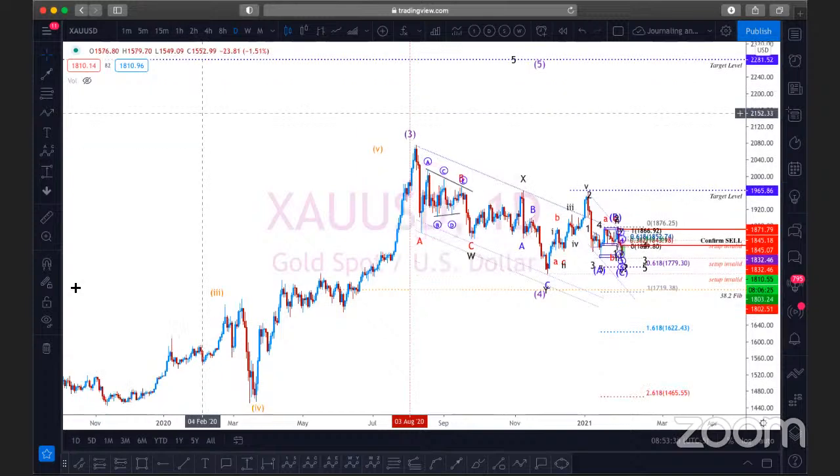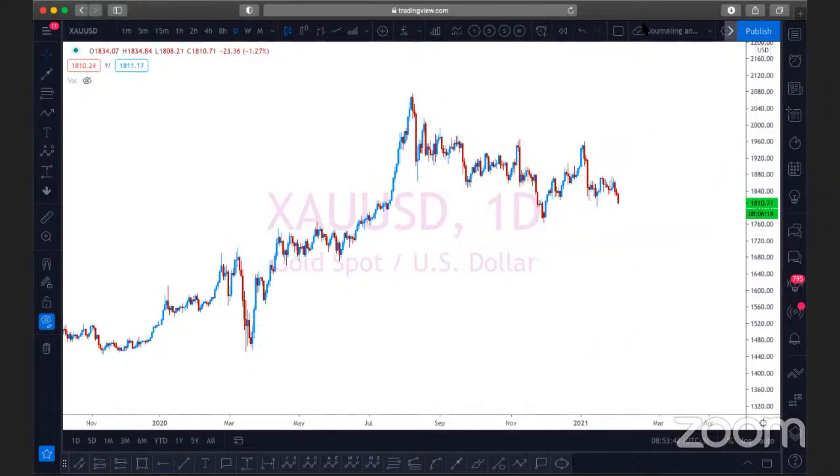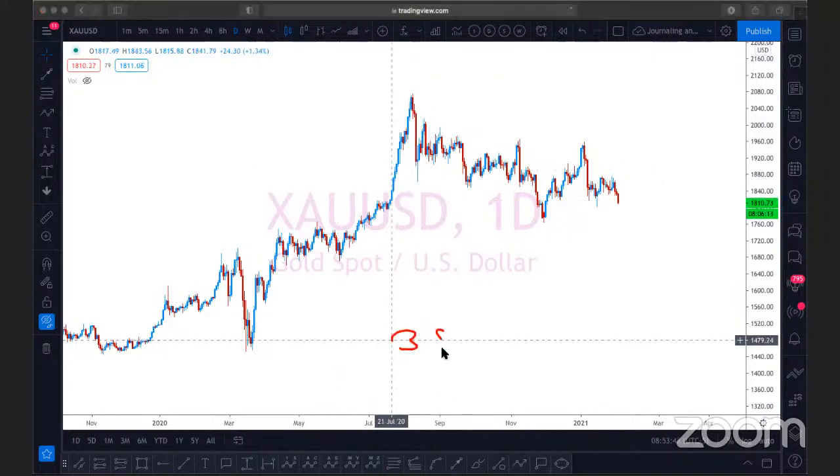Now, wave 4 would generally retrace to about 38.2%, and that's the entire retracement of wave 3. Wave 3 started further back down there. When we pulled in the retracement from this level and the starting point of wave 3, we had wave 4 coming right about in these areas.